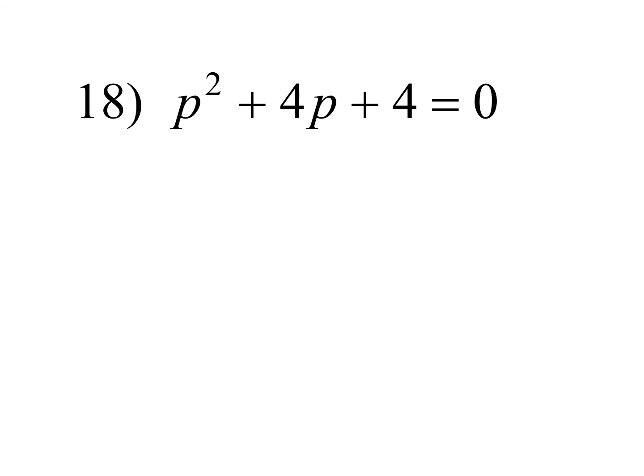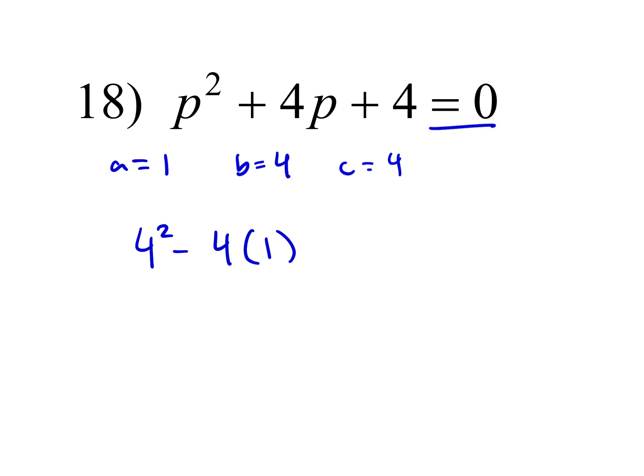All right, 18. Do I need to do anything first? Nope, it's equal to 0, so I can list my A, B, and C. What's A? What's B? 4, and what's C? 4. So B squared minus 4AC. 4 squared minus 4 times 1 times 4.